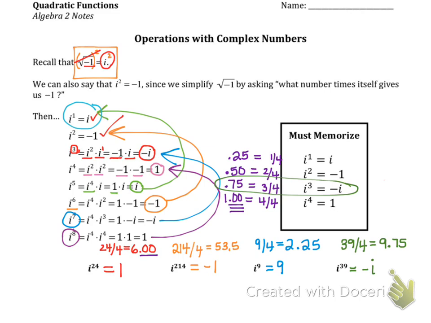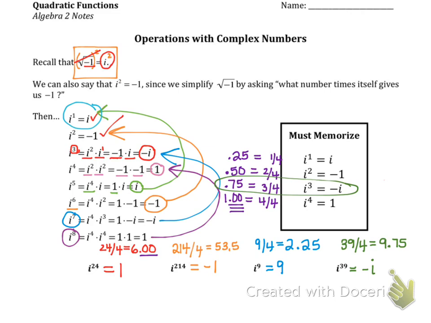Okay, so why can we do this? Well, because I isn't just a variable. I is part of a complex number. So since we can evaluate I to the 1st, I to the 2nd, I to the 3rd, and I to the 4th, we can evaluate every value of I to any power.